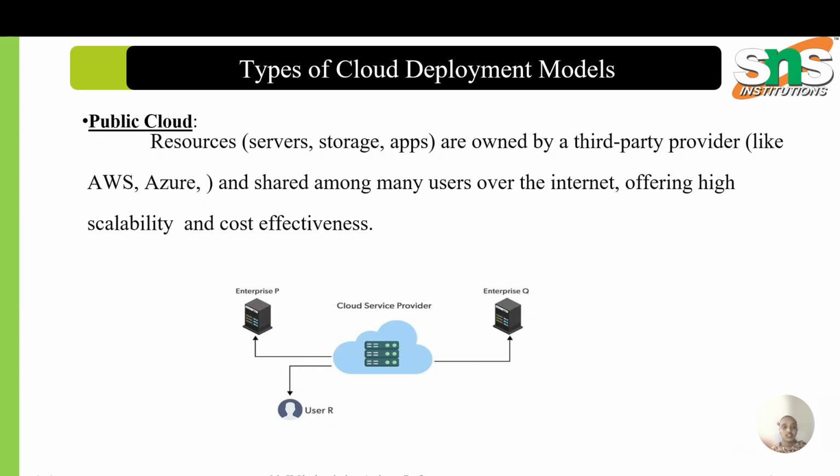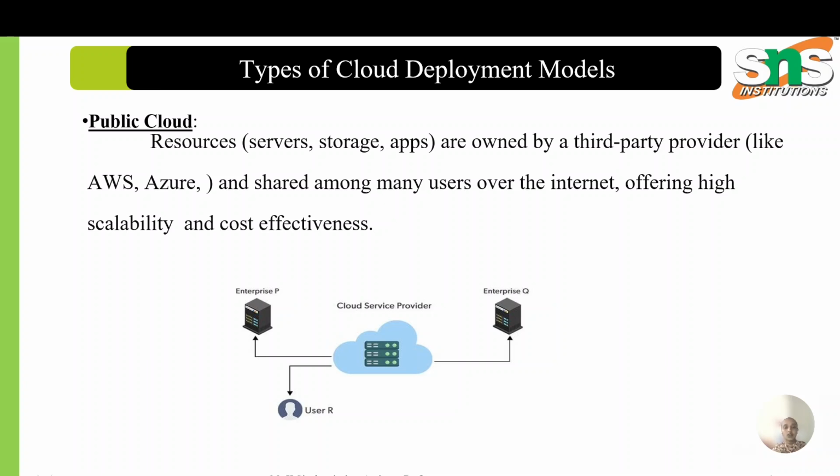Public cloud means the resources, server, storage, applications management, memory management. These are called the public cloud. Public means they are owned by a third party provider like AWS or Azure, and shared among many users over the internet, offering high scalability and cost effectiveness.